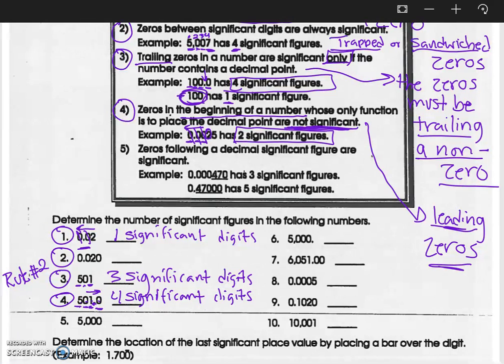We've got 2 leading zeros, not significant. We've got a non-zero, definitely significant, and we've got a trailing zero, and we know from rule number 3 that trailing zeros are significant. So we have 2 significant.